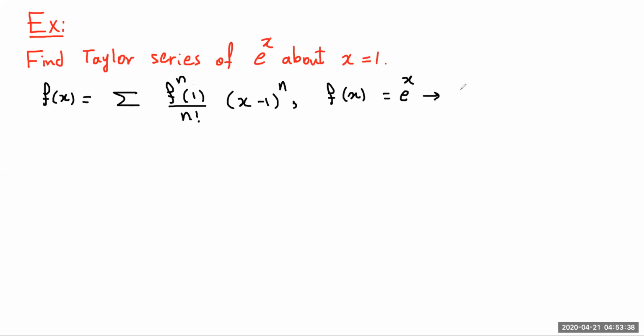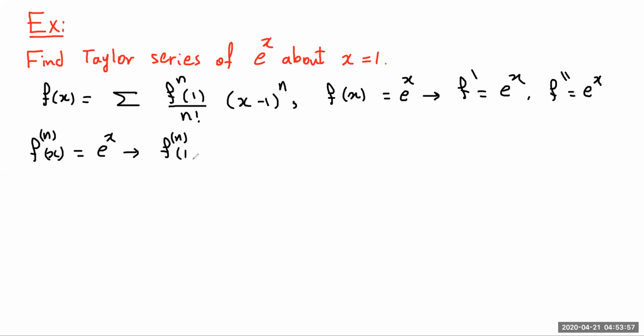So what is the first derivative of f? It's also e power x. Second derivative, also e power x. So the derivative of order n of my function f(x) is also e power x. So what is the derivative of order n at 1? It's e power 1, so it's e.